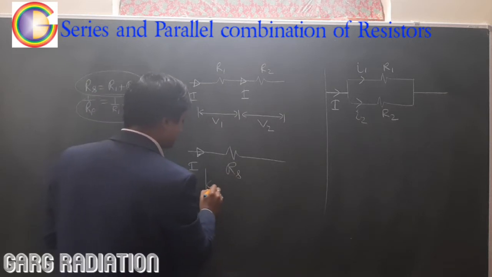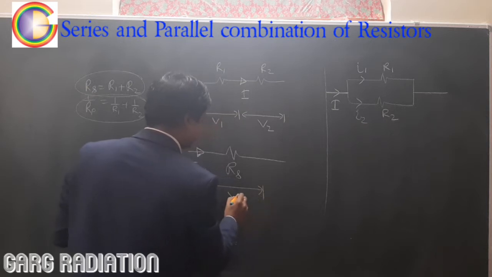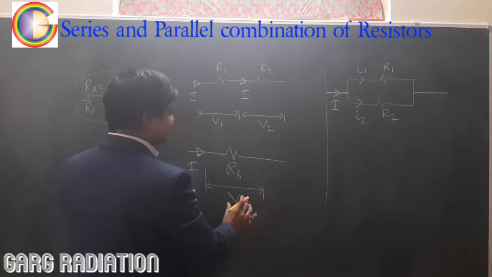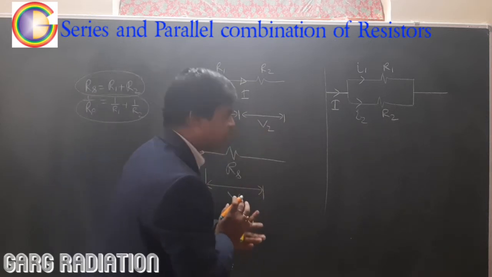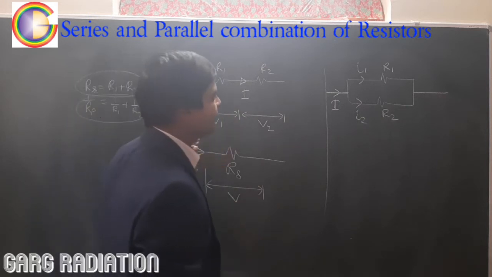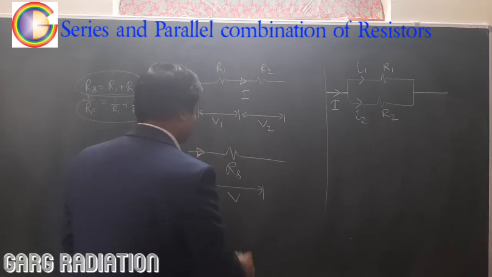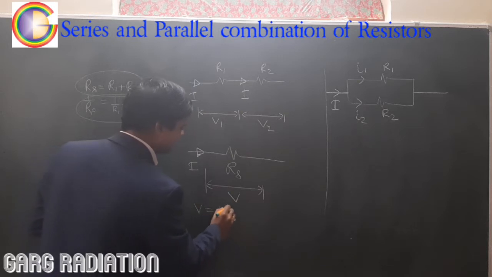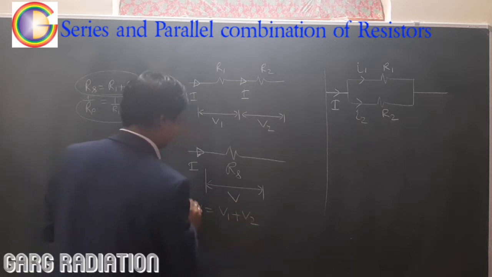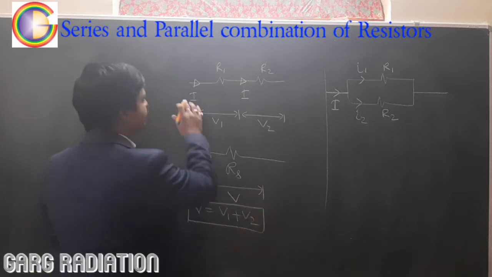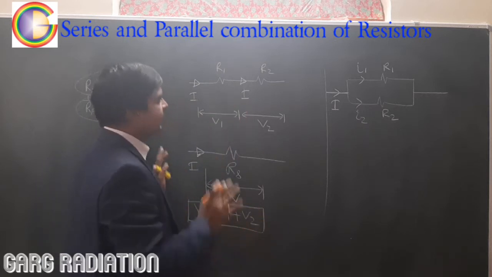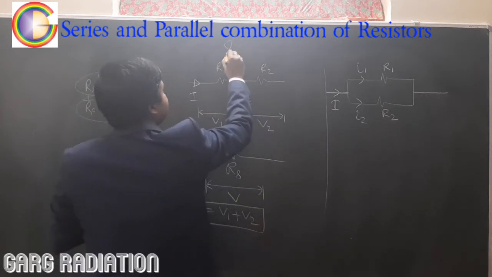The potential difference across it will be V, which is simply the sum of V1 and V2. So V is simply V1 plus V2. Current is the same, potentials are added. That's it in the series combination.